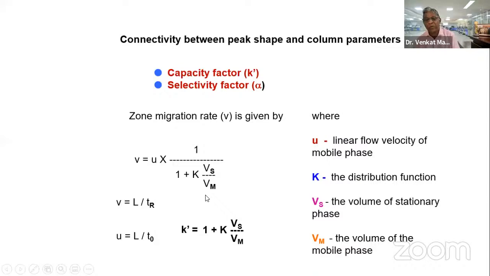If I am able to correlate the volume of the stationary phase, the volume of the mobile phase, and the capacity factor, this is the equation where I can tell how fast the sample can migrate to the stationary phase. This is called capacity factor.